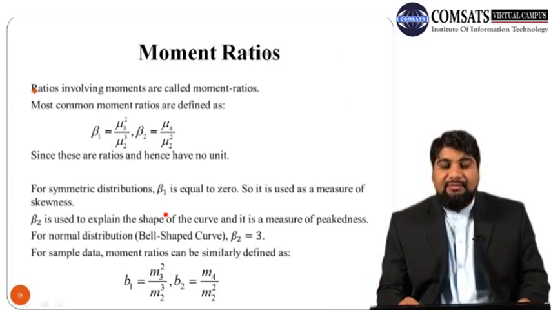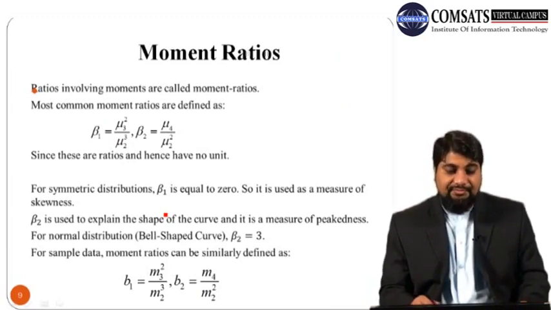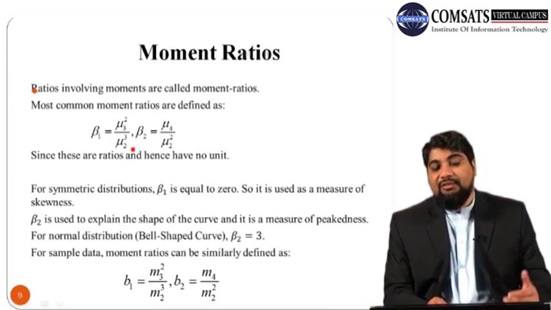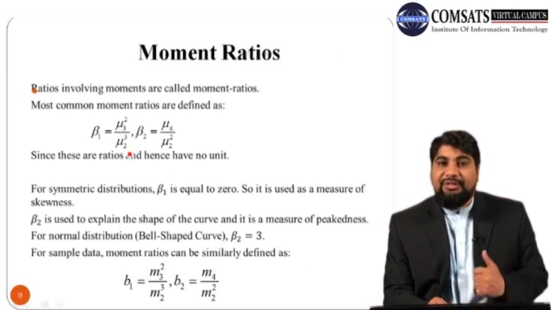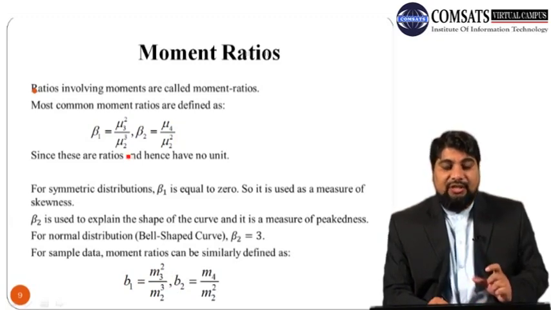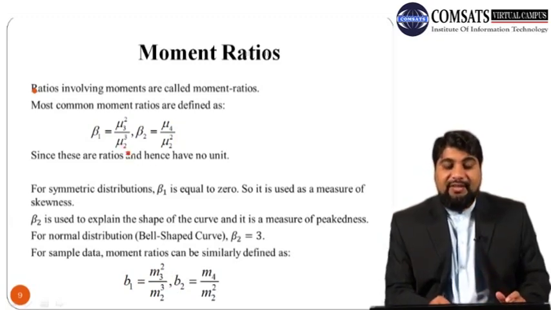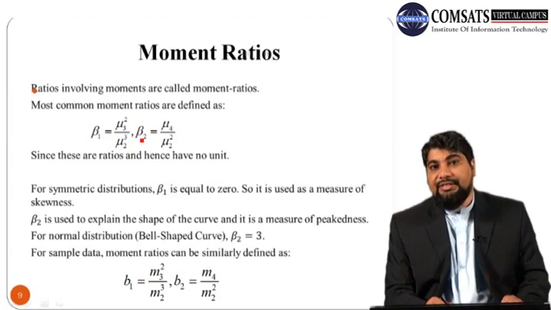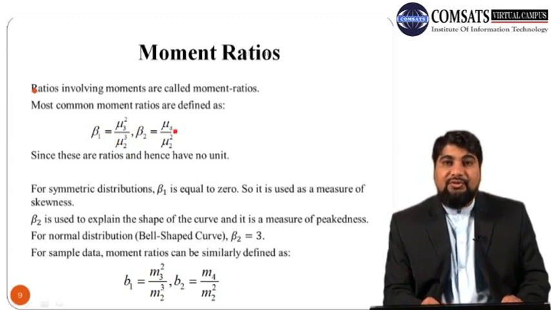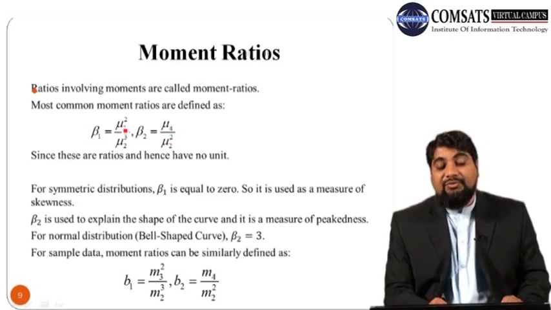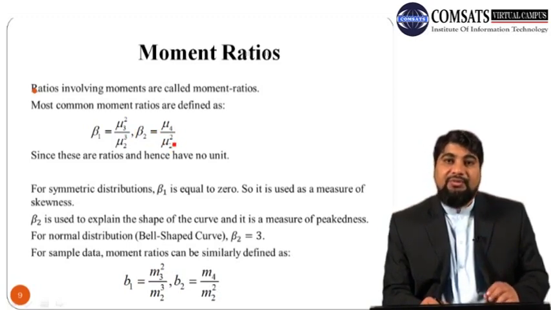Now come to the moment ratios. Ratios involving moments are called moment ratios. The most common moment ratios are two in number. The first one is called beta 1, which is mu3 squared divided by mu2 cubed, and the second moment ratio is beta 2, which is mu4 divided by mu2 squared. Note that here mu2, mu3, mu4 are the population moments about mean.